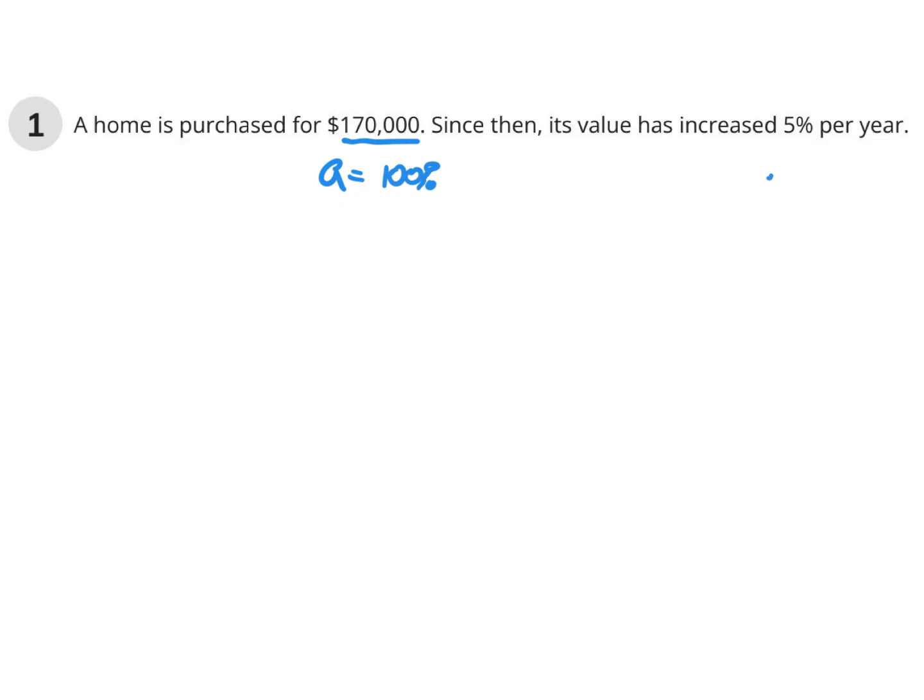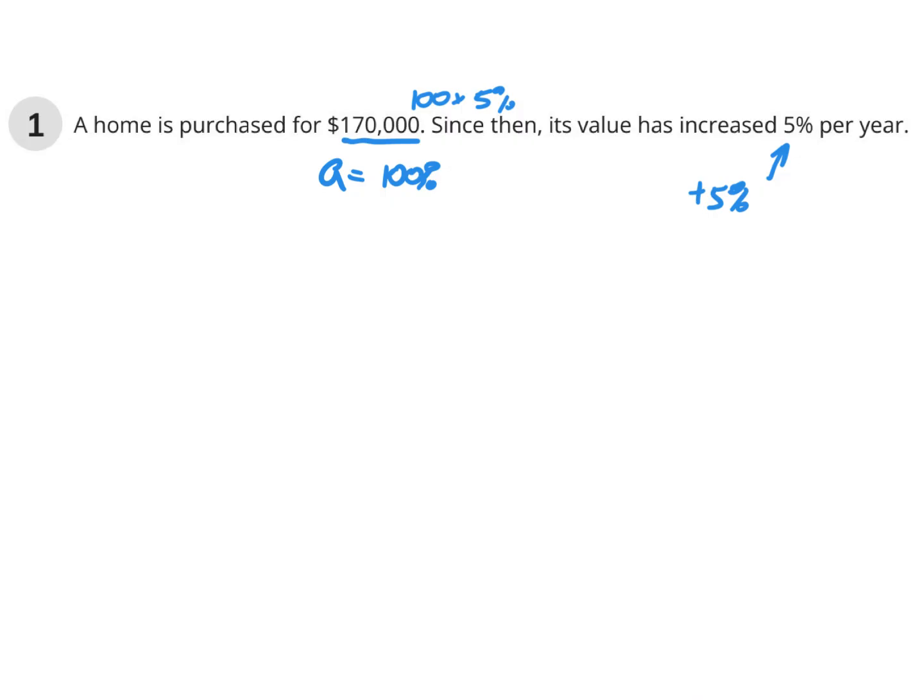Now, it increased 5% per year, so that means plus 5%. Your increased percentage is not a growth rate. You have to take the original amount and add 5% to it to write a proper exponential equation.